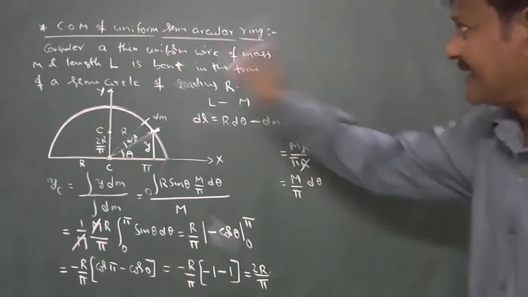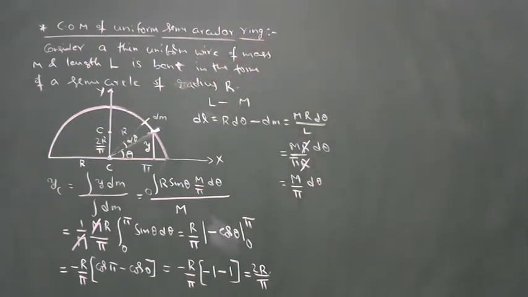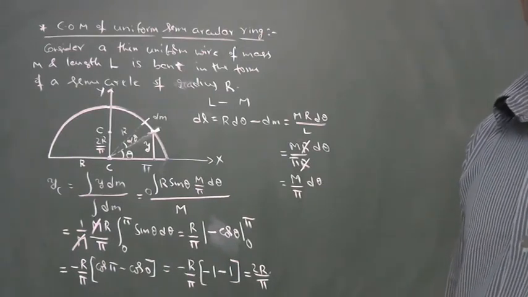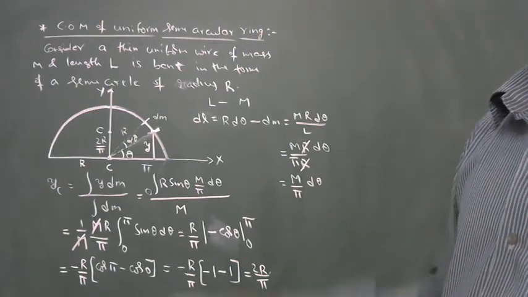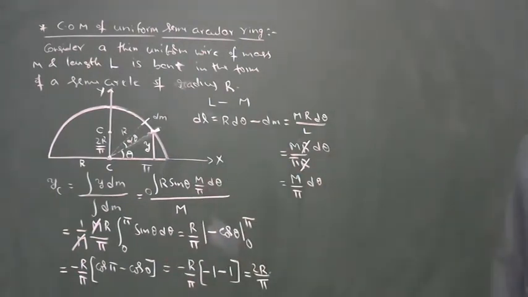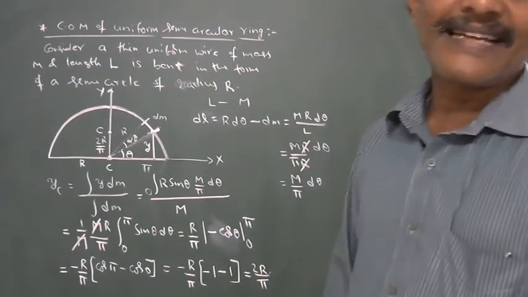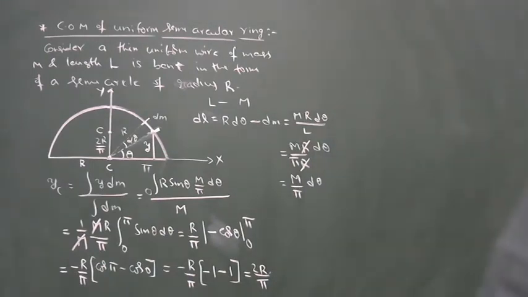Therefore, the center of mass of a uniform semicircular ring is at a distance 2r by pi on the symmetrical axis from the center of the base. Center of the base. 2r by pi.